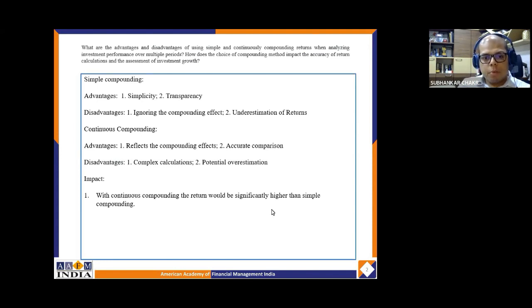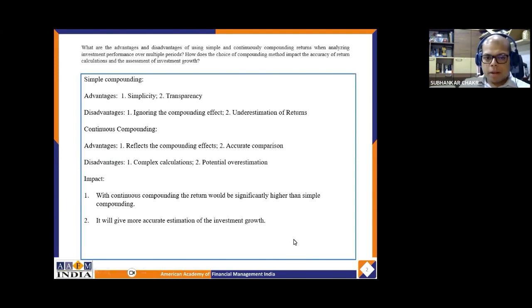The second impact would be, it will give you a more accurate estimation of investment growth. Like I mentioned, if you are comparing proposals with multiple frequencies, continuous compounding will give you an accurate estimation. That is an impact it creates in your assessment of investment growth.